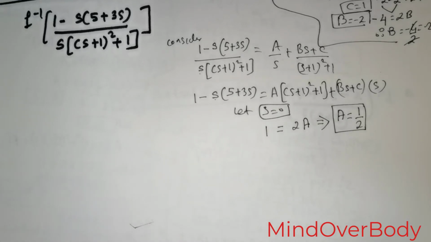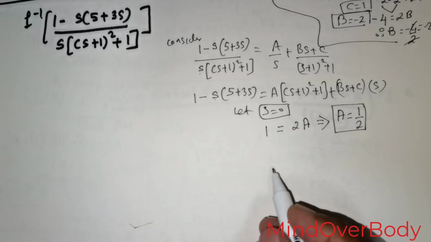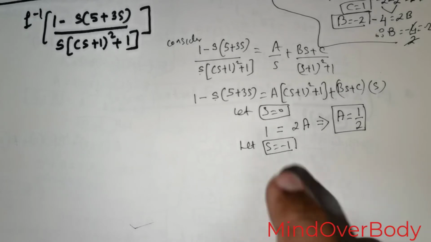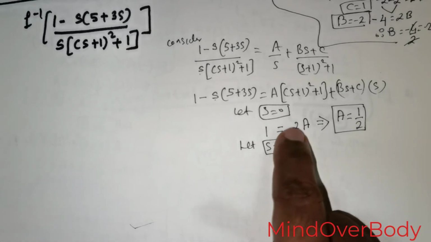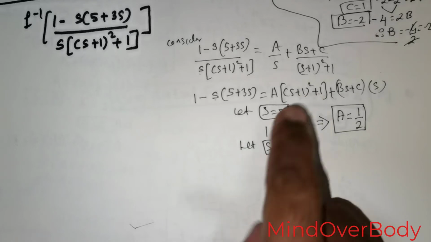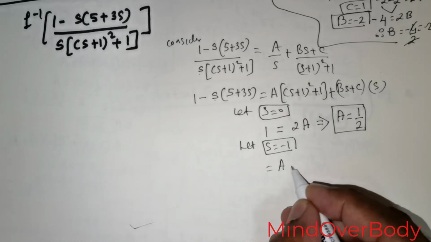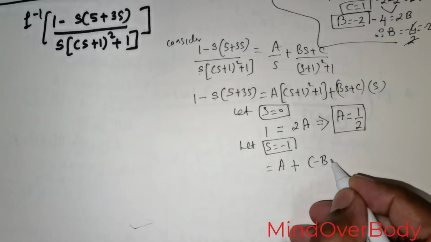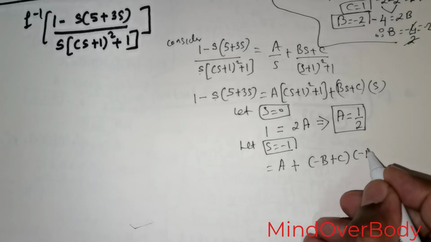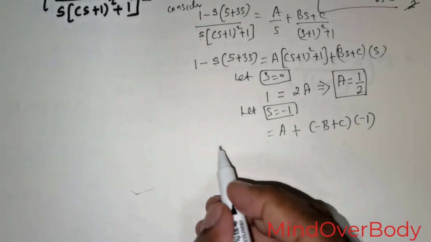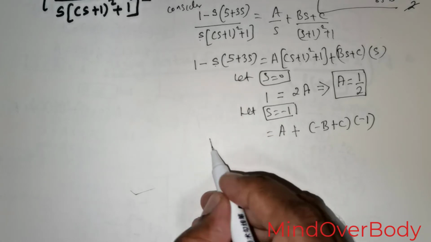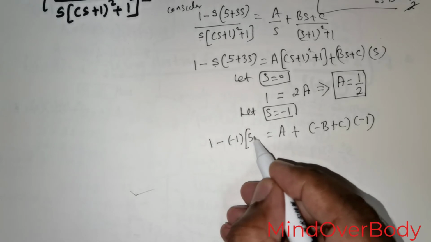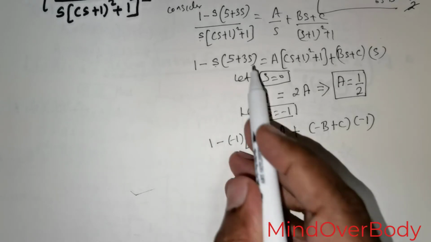Now having obtained the value of A, let me take the value of S to be negative 1. If you take S to be negative 1, this will vanish, but A will still remain, and followed by S is negative 1, so this is going to be negative B positive C of negative 1, and I have a negative 1 there, so it's going to be 1 negative of negative 1 times 5 negative 3, because S is equal to negative 1.